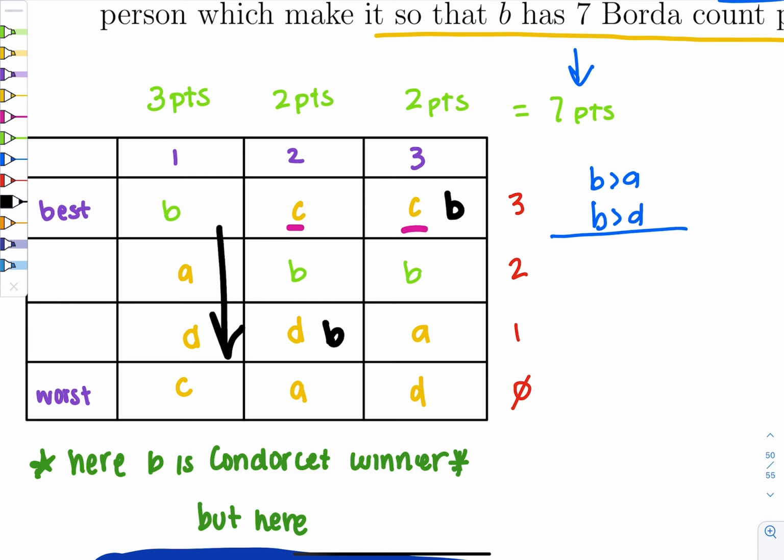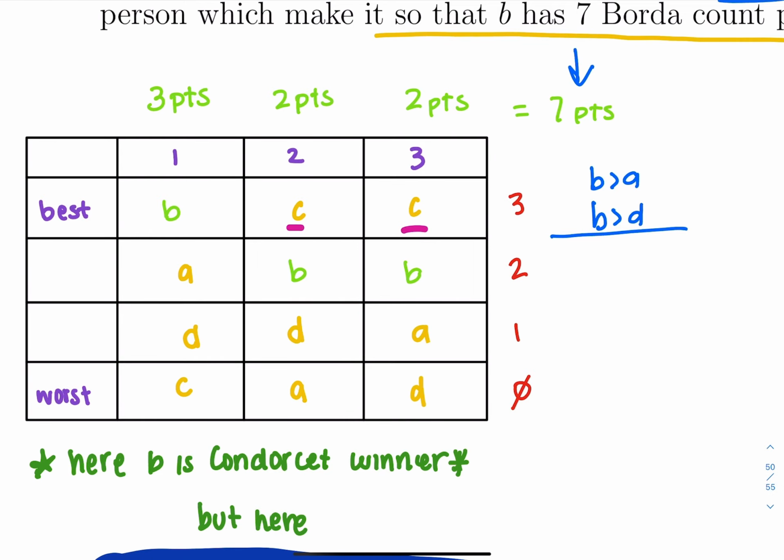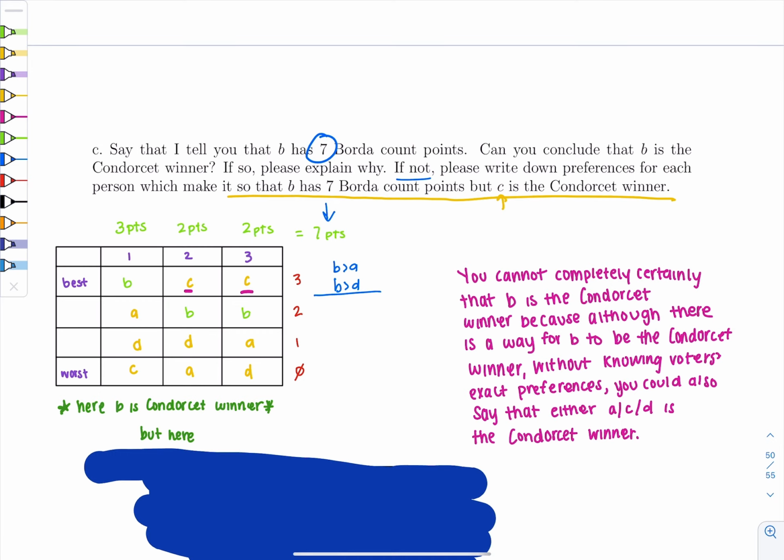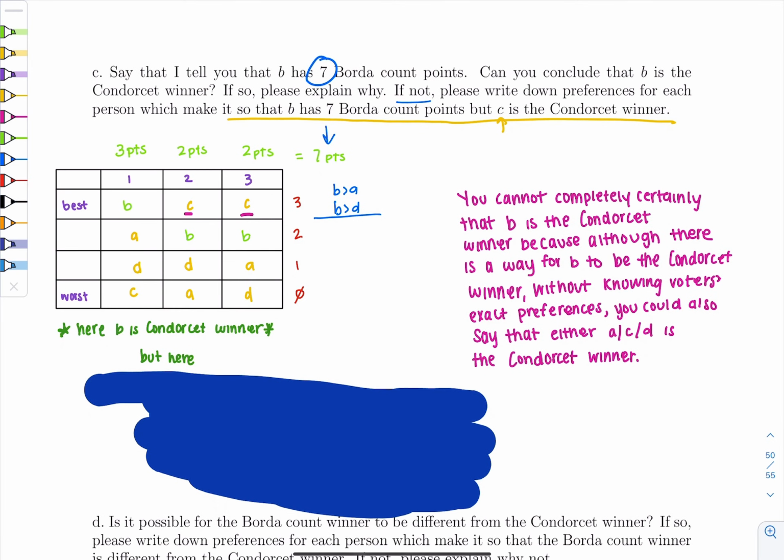However, we cannot conclude that that is what actually happened, because we do not know the exact preferences. If we did know the preferences, then we might be able to say that B is the Condorcet winner. But because we don't, there is a possibility of ways that voters could arrange their preferences over the candidates.